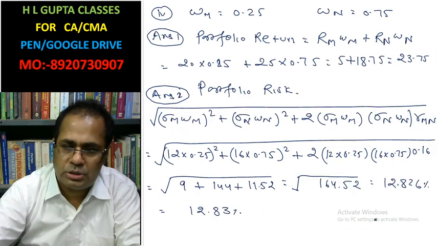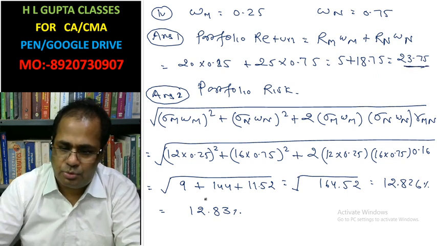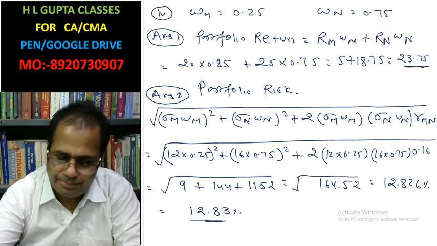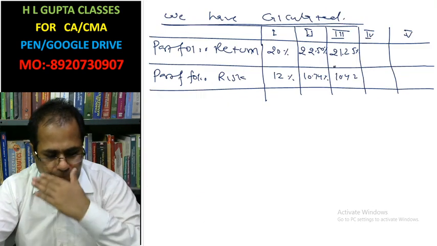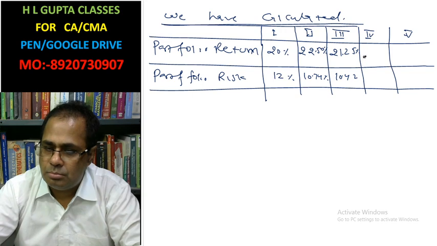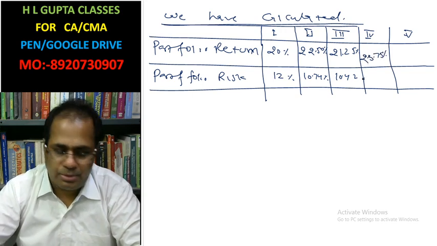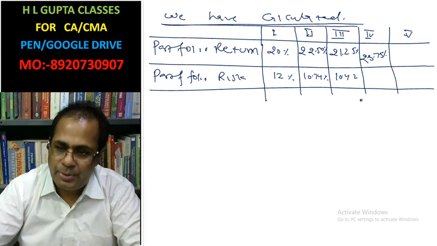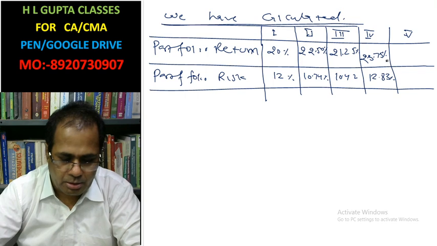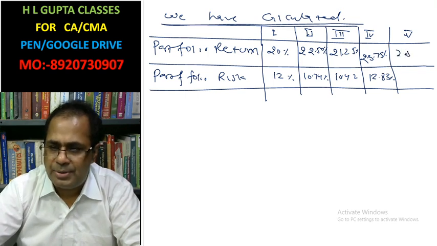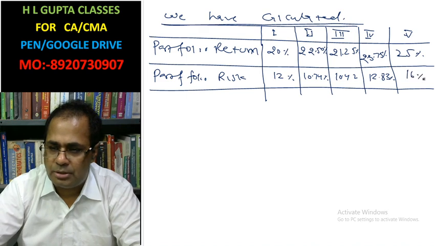Now in fourth, 23.75 and 12.83. Look at here, 25% in the fifth, that is equal to 16% risk.